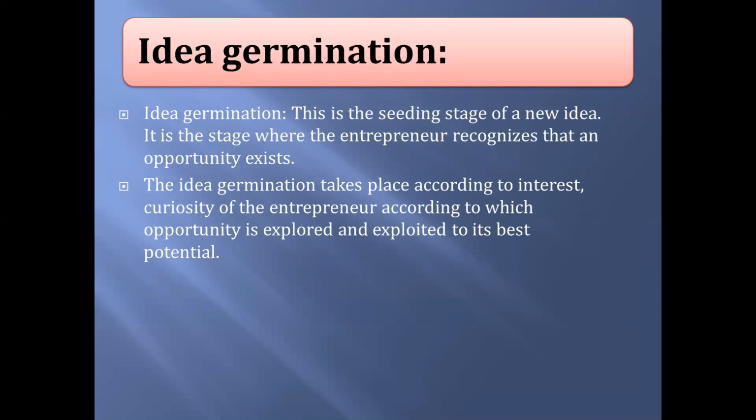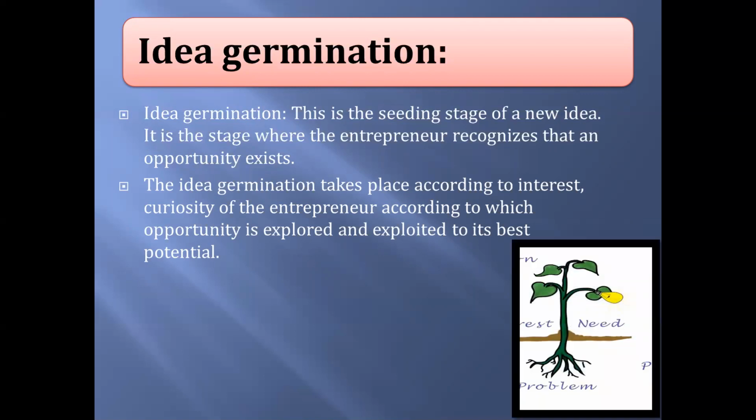That can also be one reason. Next, the opportunity is explored and exploited to the best of its potential. The person takes the right opportunity. That's why I was talking about SWOT analysis. When you do your SWOT analysis, according to your interest and curiosity, if you come across an opportunity, you can explore and exploit it to its best potential.